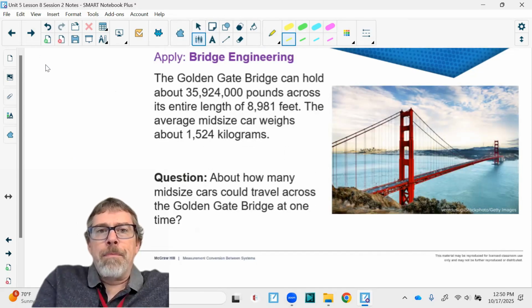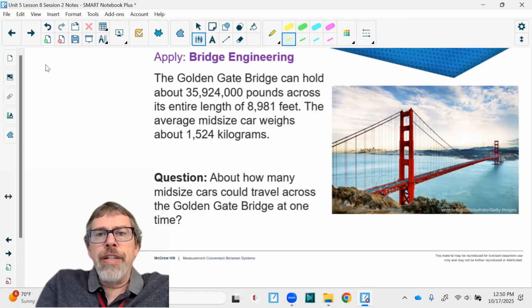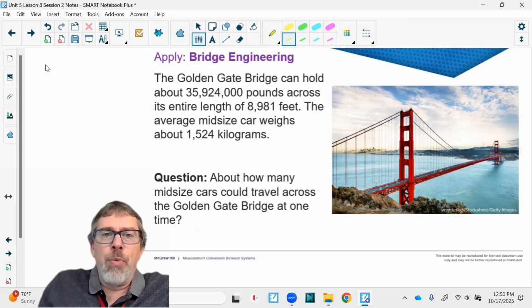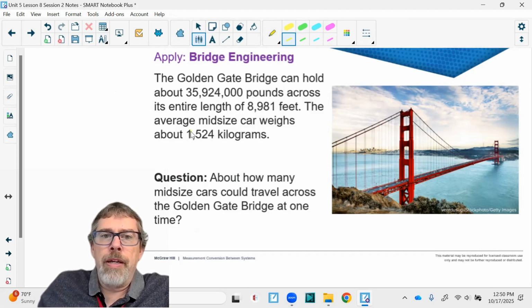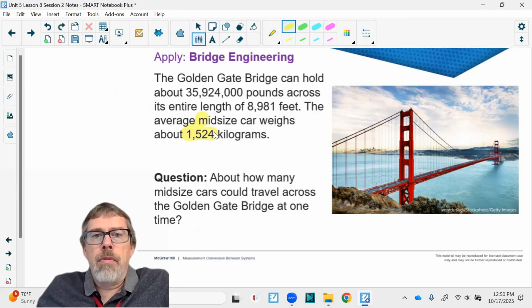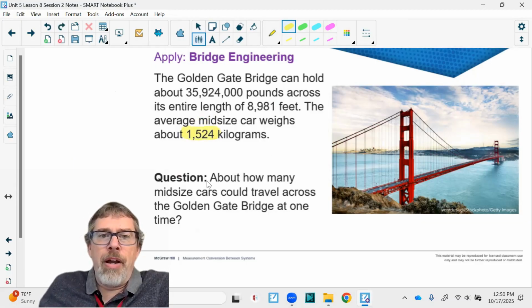Okay, apply. Bridge engineering. The Golden Gate Bridge can hold about 35,924 pounds across its entire length of 8,981 feet. The average midsize car weighs about 1,524 kilograms. The question is about how many midsize cars could travel across the Golden Gate Bridge at one time.